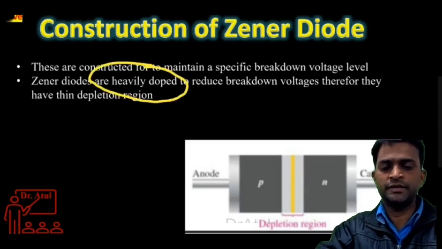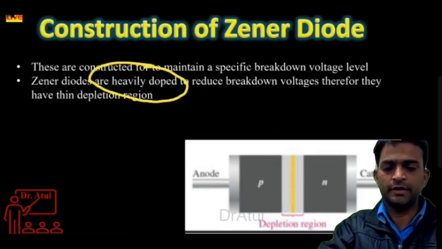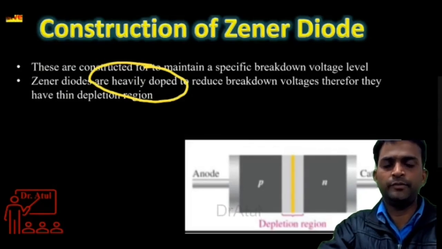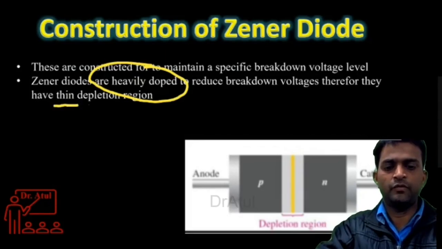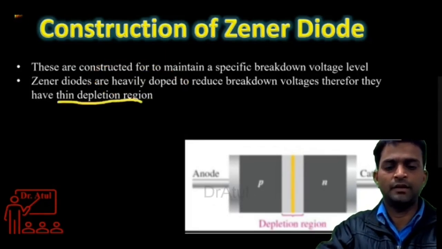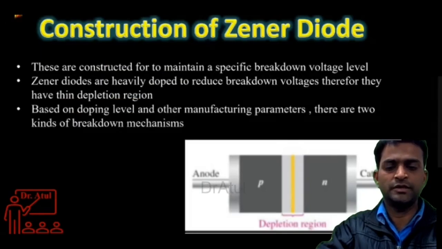In general, Zener diodes are heavily doped, as you can see written here. Because they are heavily doped, they have a very thin depletion region.